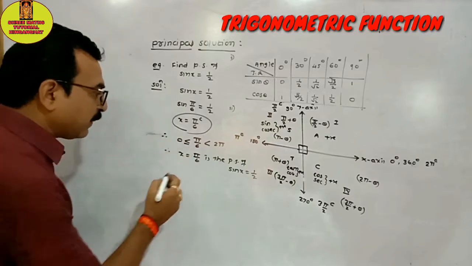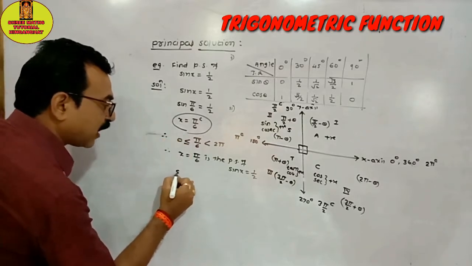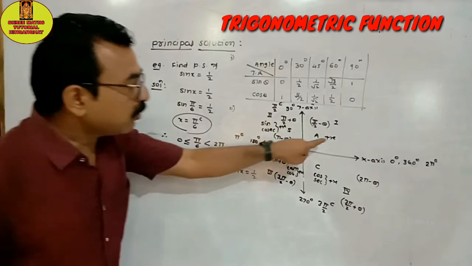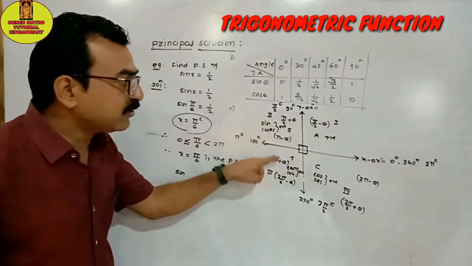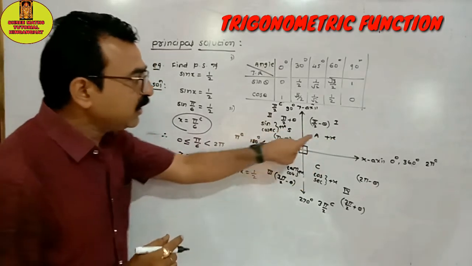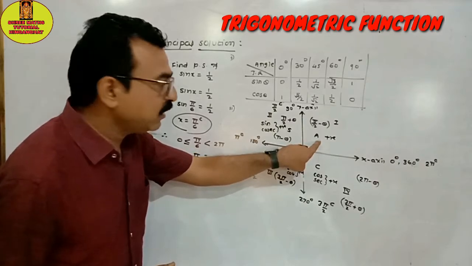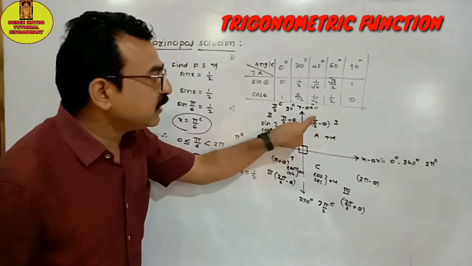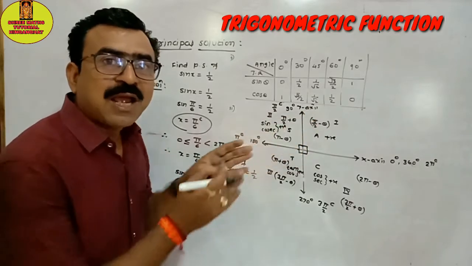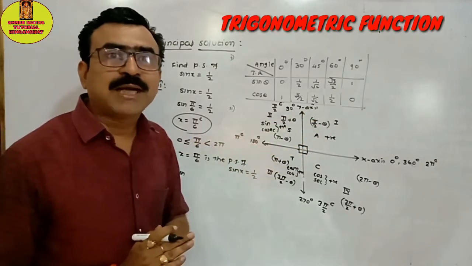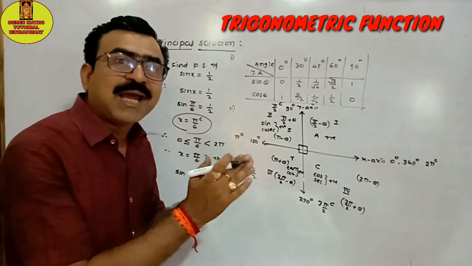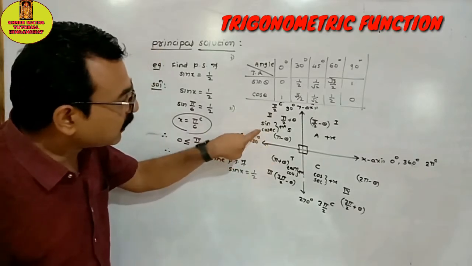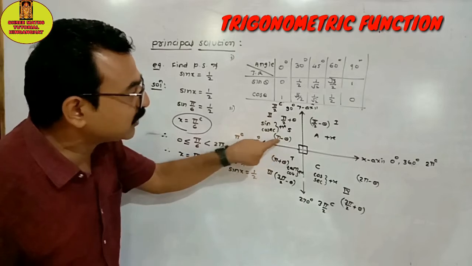Okay. So for that purpose, now check in which quadrant sine is positive. So sine is positive in the first quadrant and in the second quadrant. But in the first quadrant, here pi by 2 is given, and from previous knowledge we know that you have to use this pi and 2 pi angle. So here in the second quadrant, this pi minus theta.